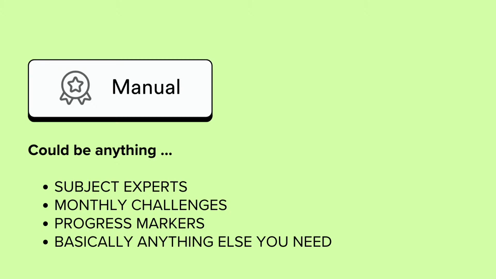So these are really specific actions that we want members to take. Any other kind of progress markers that make sense for your community. So this is very different for every course and community, which is why we specifically have these manual badges. It gives you the flexibility and the creativity to create ones that make sense for whatever specific conditions you're looking to measure. And then last one here, basically anything you need.